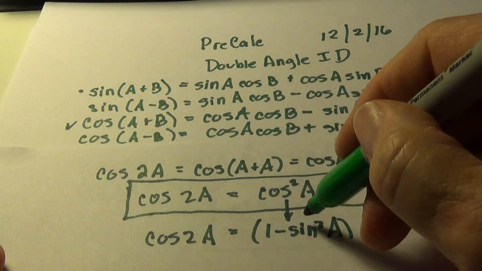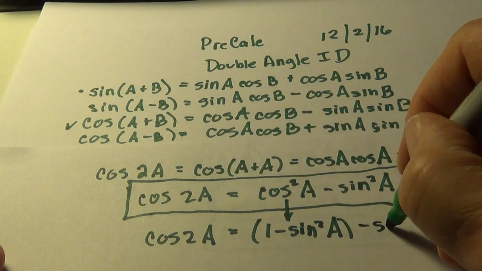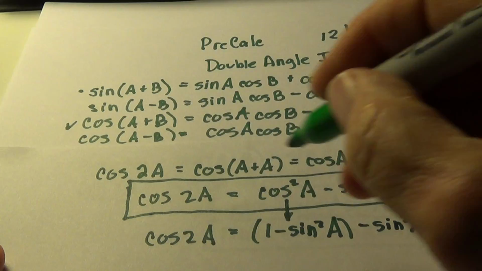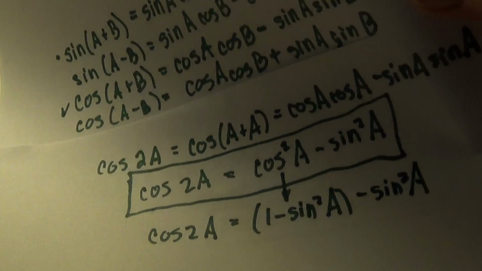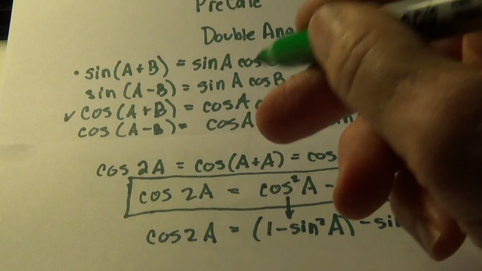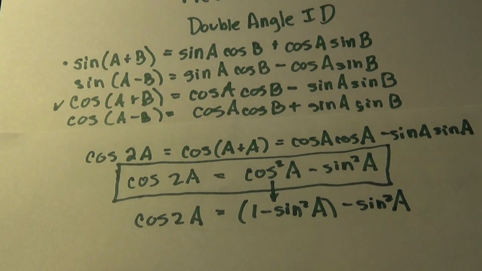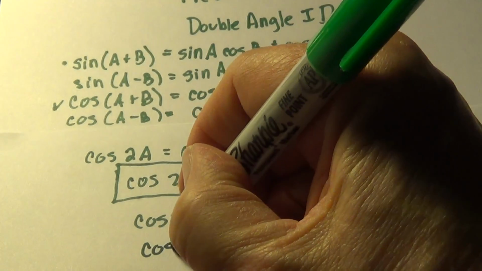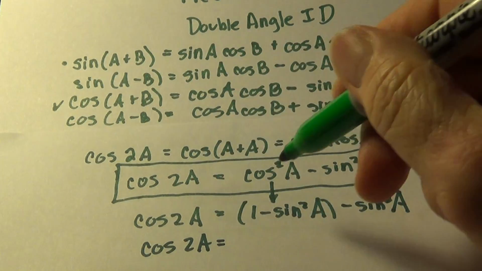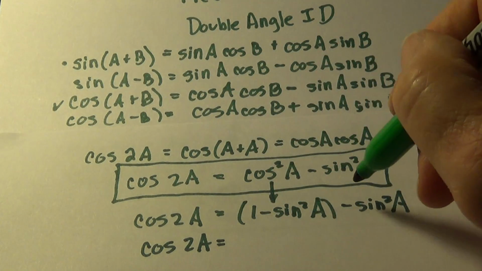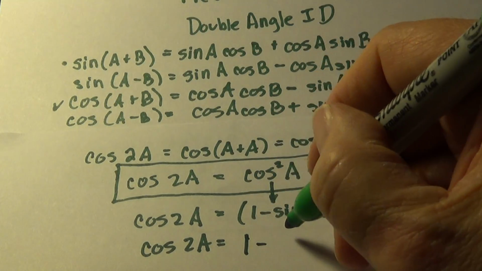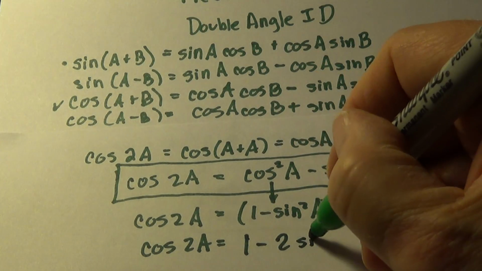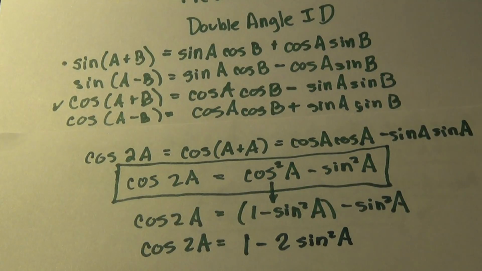And so I'm going to make that substitution and simplify. So cosine of 2a equals 1 minus sine squared a minus another sine squared a. So that's 1 minus 2 sine squared a.